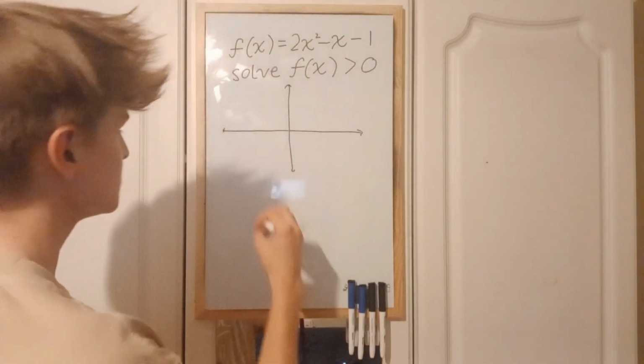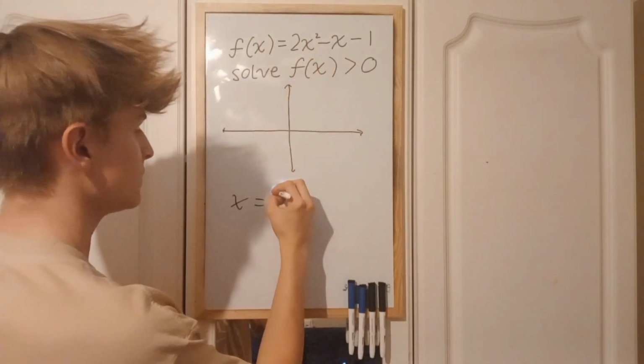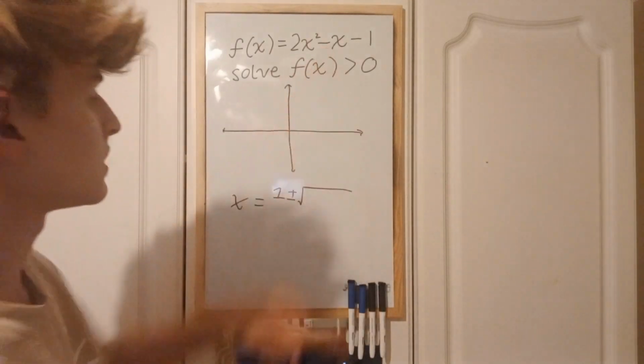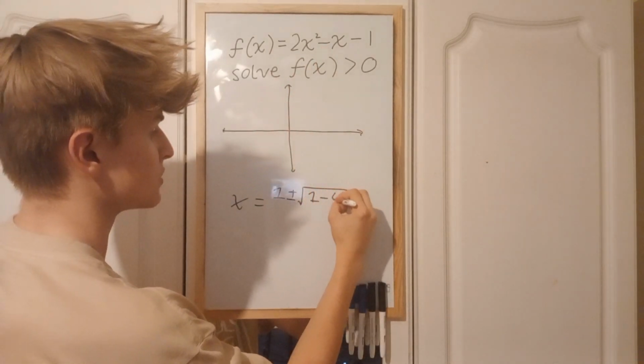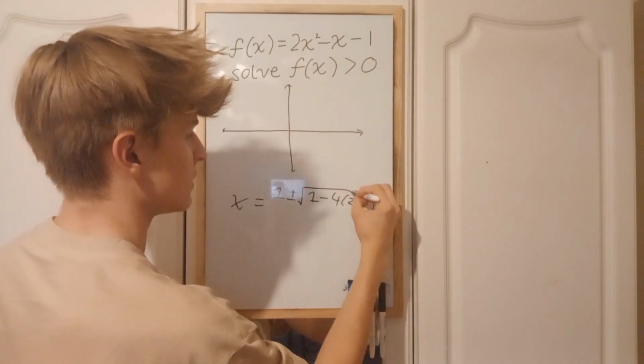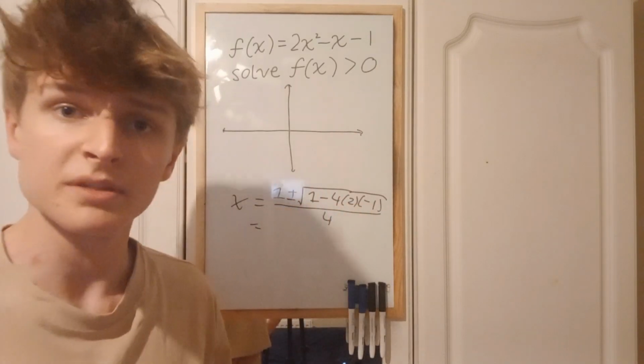Okay, so to find the roots, we get x equals negative b, which is 1, plus or minus the square root of b squared, which is 1, minus 4 times 2 times minus 1, and that's all over 4. Okay, we can do a bit of simplifying with that.